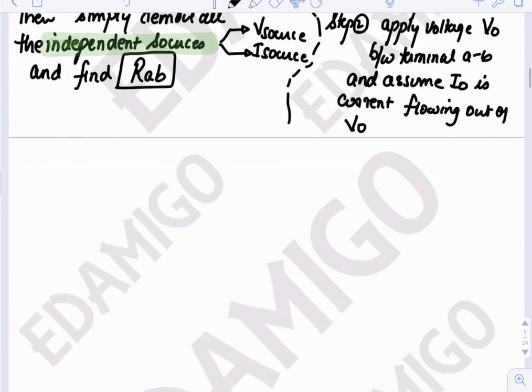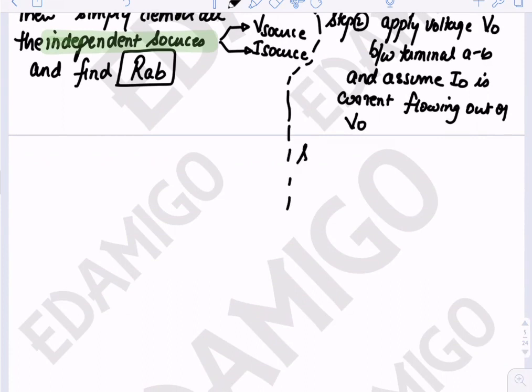Step 3, find out the V0 divided by I0 ratio.